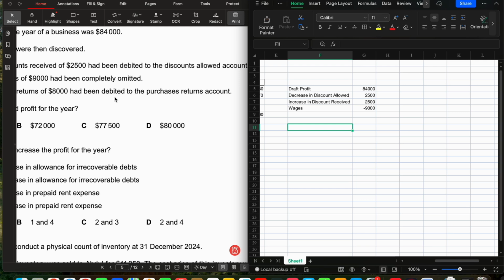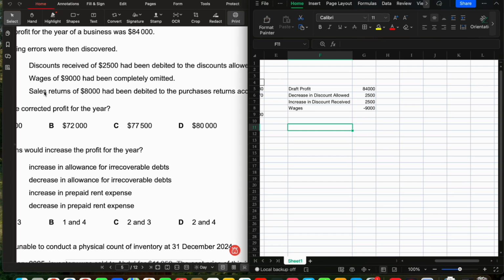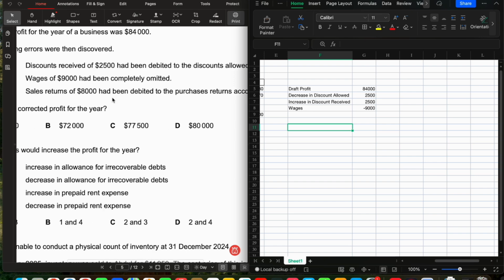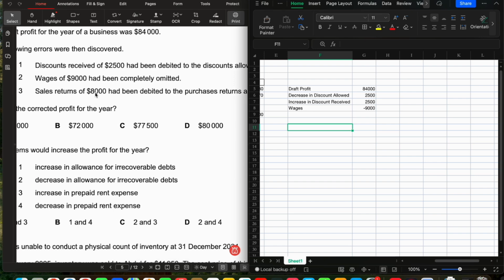That means my income is decreasing here, and so my expense is also decreasing by 8000. So if I correct this amount, then my income will increase and my expense will also increase, so they will cancel out each other. So this particular entry has no effect on my overall profit.